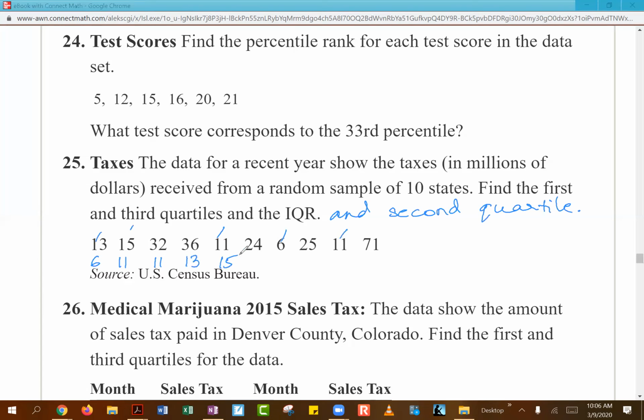Okay, so that should be 1, 2, 3, 4, 5, 6, 7, 8, 9, 10.